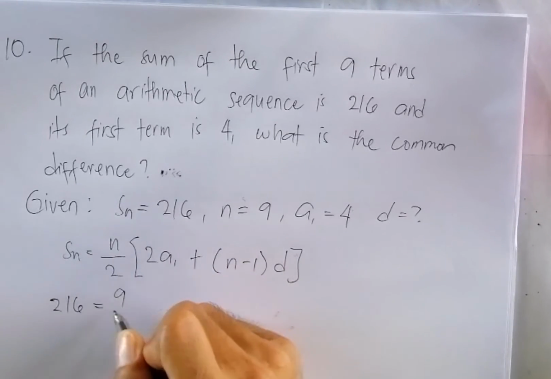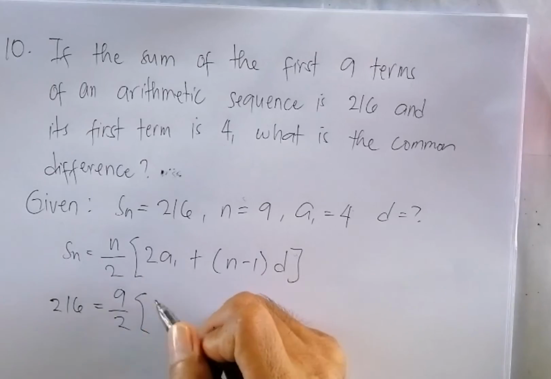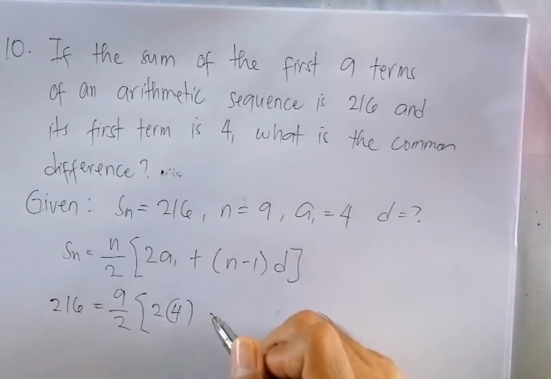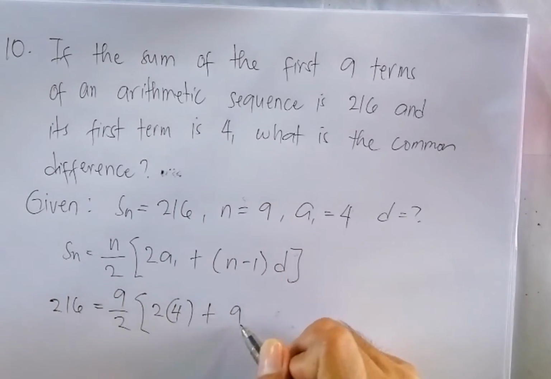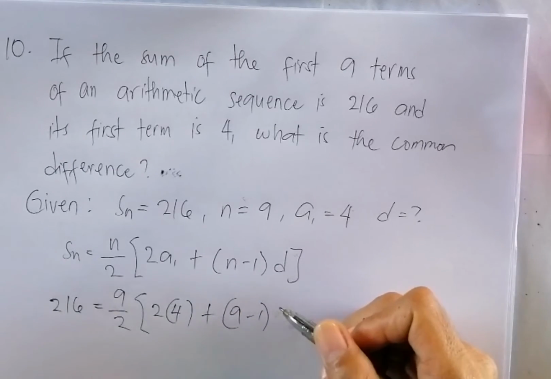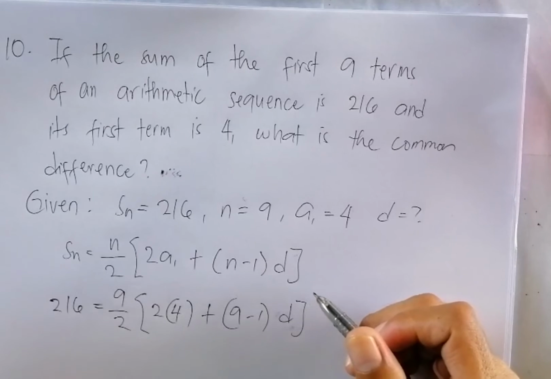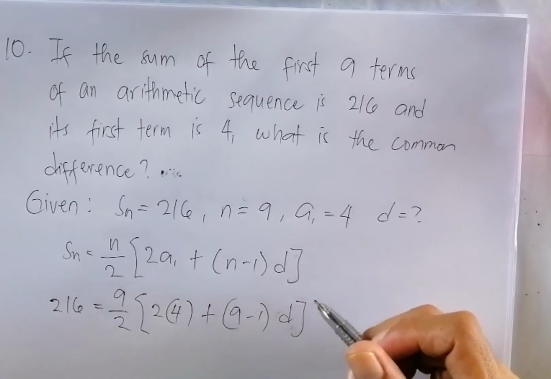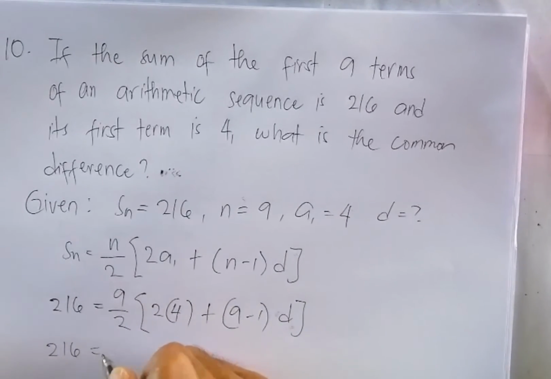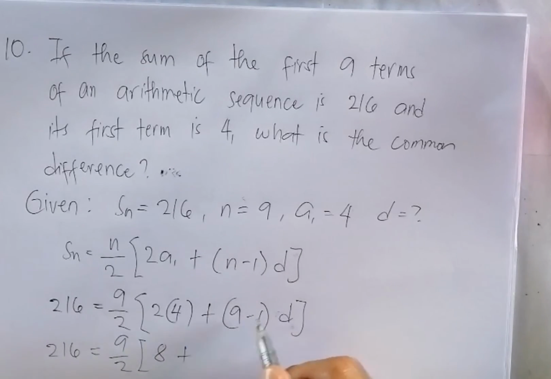So we have S sub n is 216, n is 9, a sub 1 is 4, then times d. Okay, 216 is equal to 9 over 2, then that is 8, 2 times 4, then n minus 1, that is 8, times d is 8d.